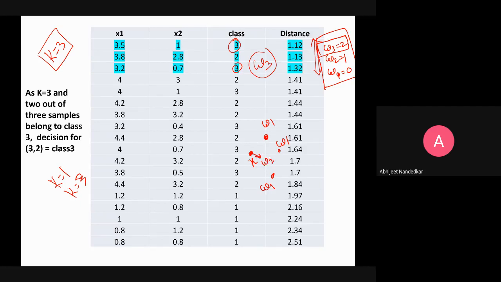If you take k equal to 1, you have to declare that x is an omega 2 sample. With more neighbors, you can get a better idea.